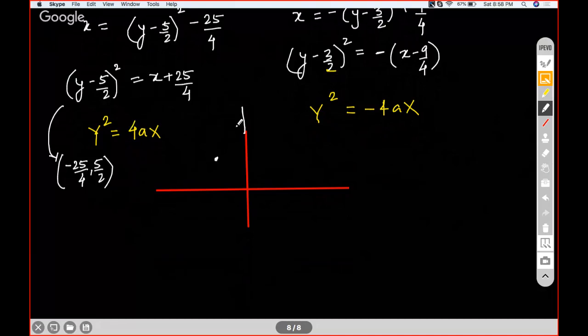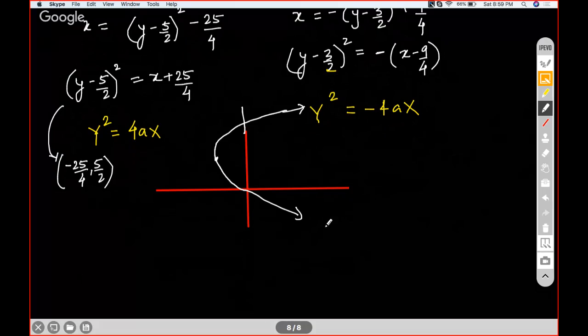And this signifies its opening rightwards. So this will open rightwards like this. But remember, it will pass through the origin, because you can see that there is no constant in the curve. So when you put x as 0, y will be 0, and when you put y as 0, x will be 0.